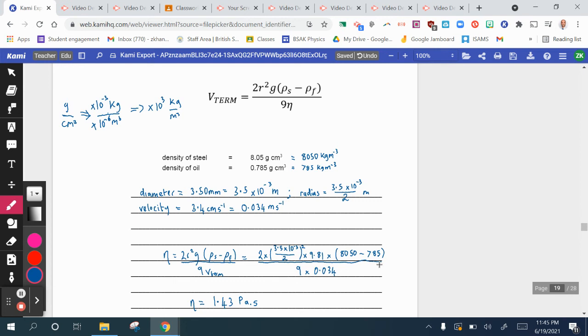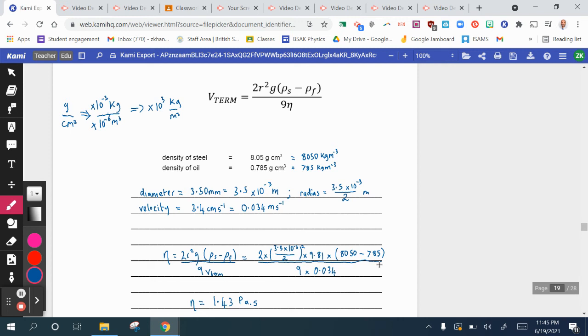So here 8.05 grams per centimeter cubed is equal to 8,050 kilograms per meter cubed. Think about it: 8.05 grams in every centimeter cubed, 8,050 kilograms in 1 meter cubed.